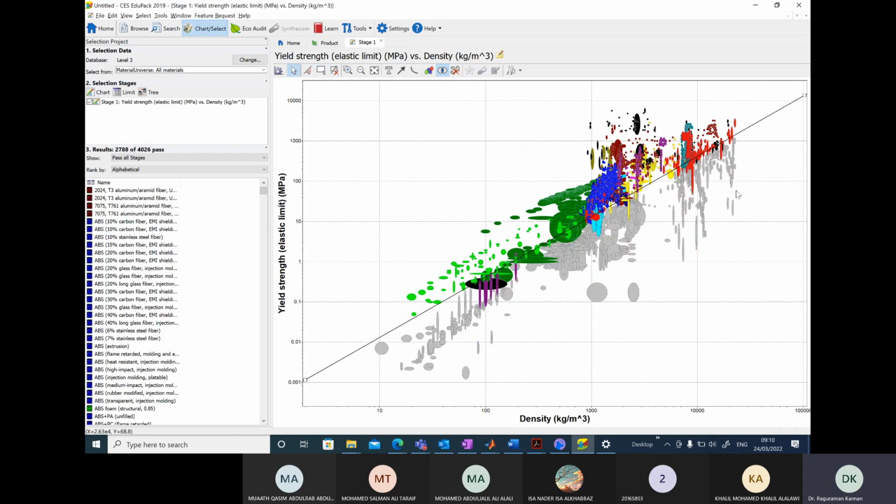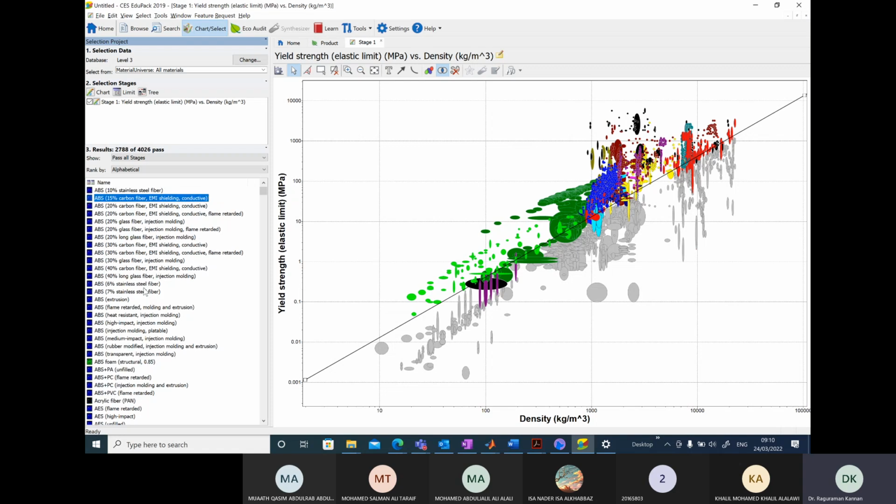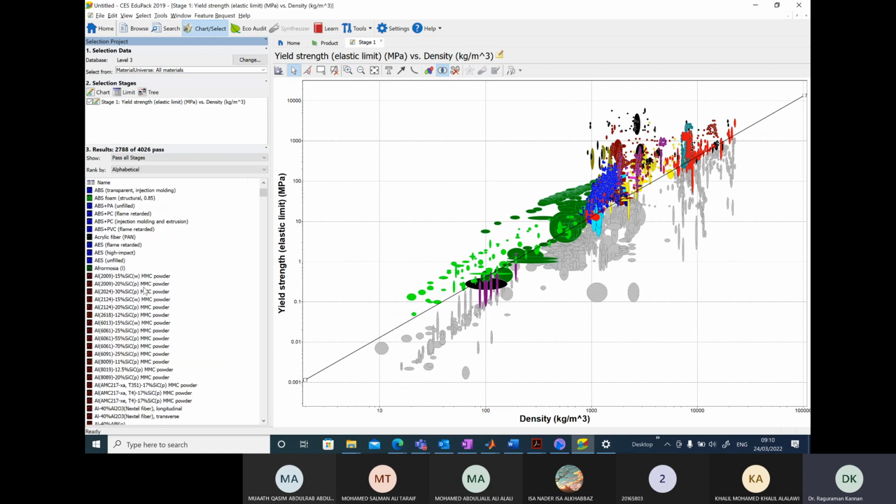Maybe somewhere here, and we can see a whole range of materials, aluminum alloys. These are composites, most probably. There are foams and different kinds of materials here.